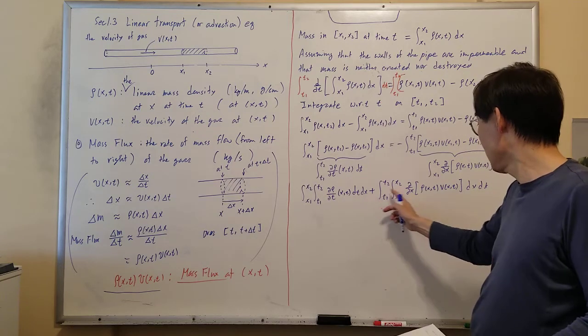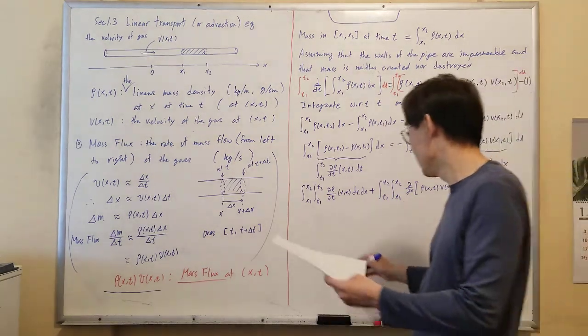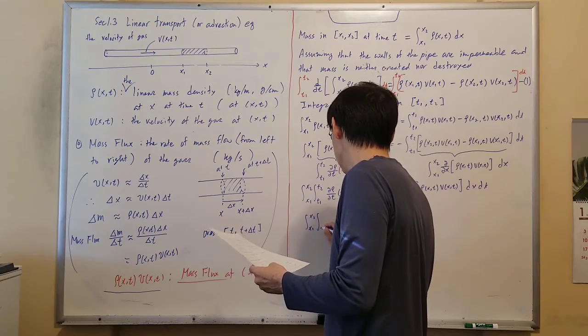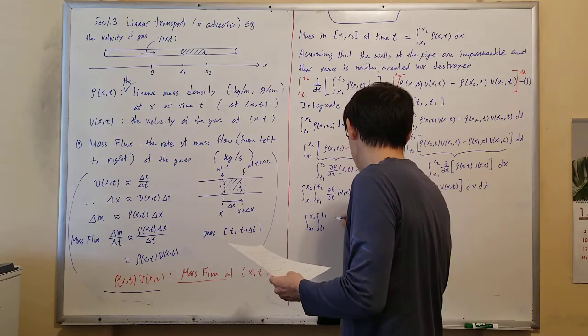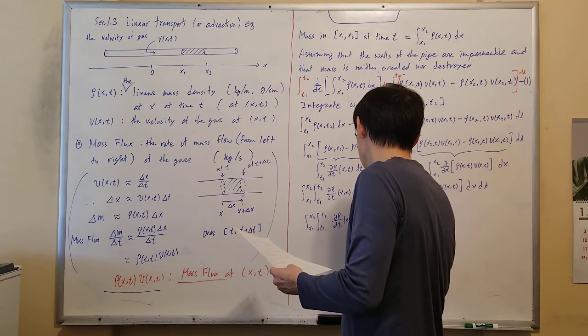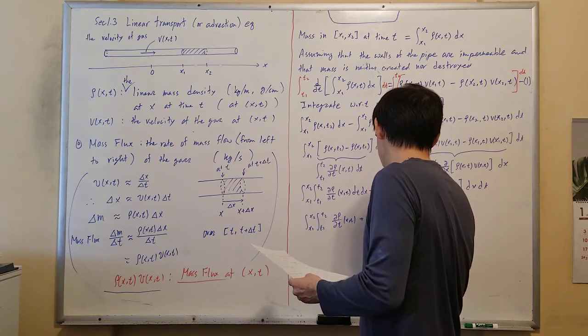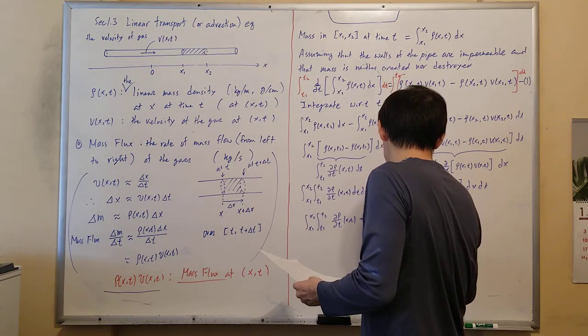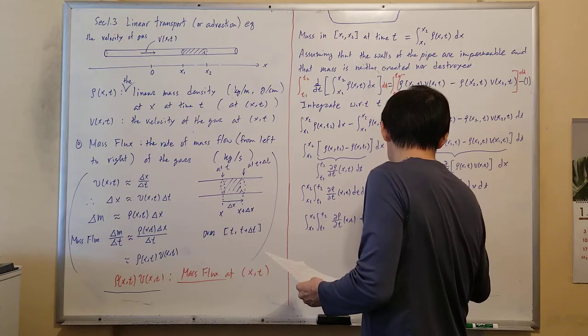Then they have the same interval, so you can combine it: the integral of the partial of rho with respect to t at (x, t) plus the partial with respect to x of rho v, dx dt.